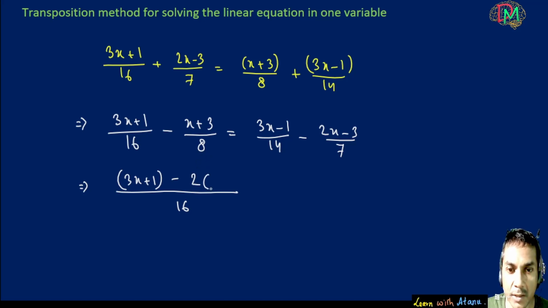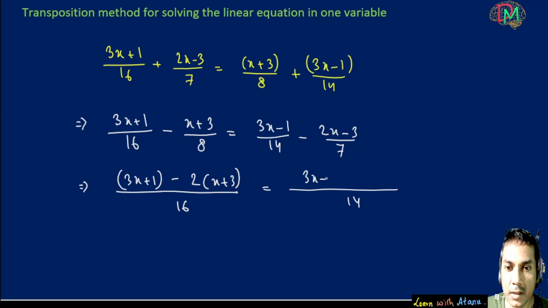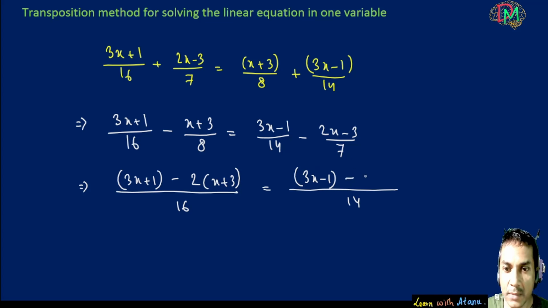So we multiply 2 into this term's numerator, and here also this is 14. 3x minus 1 remains the same, because 14 divided by 14 is equal to 1, so no need to multiply anything. But here we multiply by 2, so that 7 into 2 is equal to 14, or if we divide 14 by 7 we get 2. So we multiply 2 with the 2x minus 3 here.